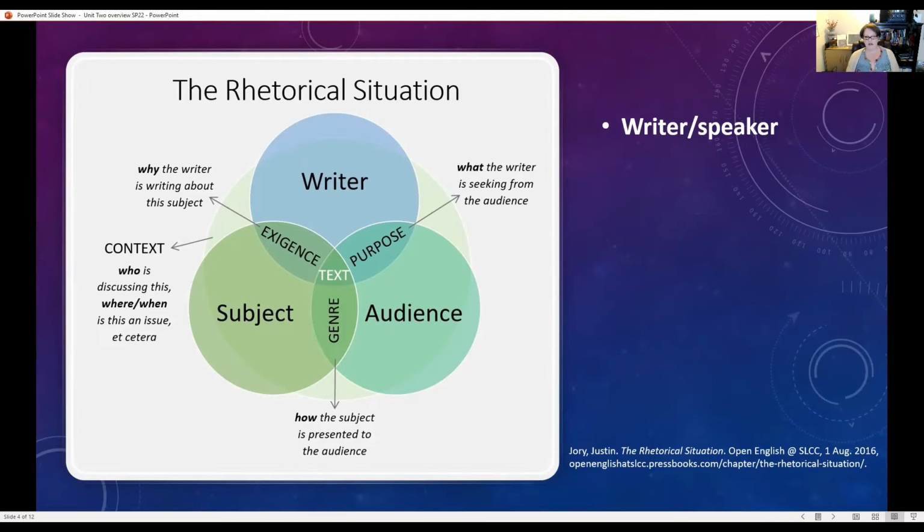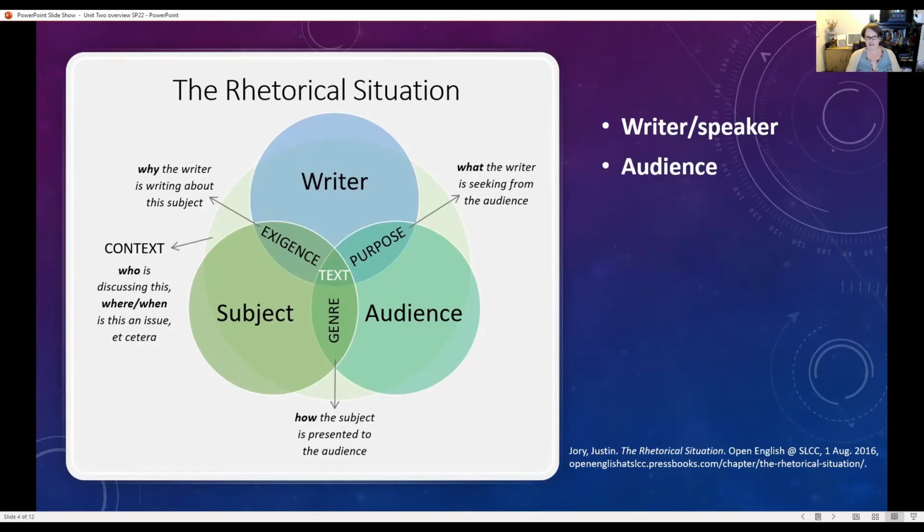And the writer or speaker comes from a type of background. They live in a culture. They have a variety of experiences. All of these things that contribute to who they are as a human being also affect how they are as a writer or a speaker, and the types of messages that they want to convey.